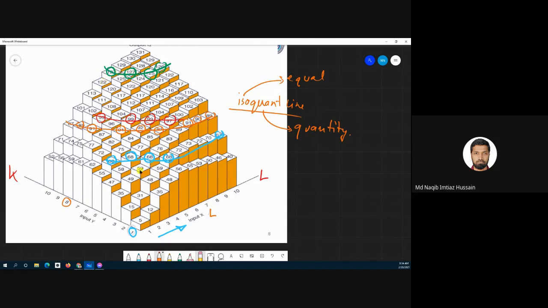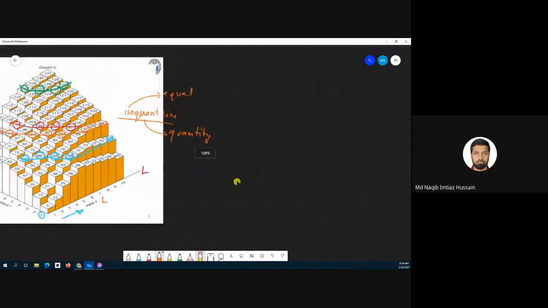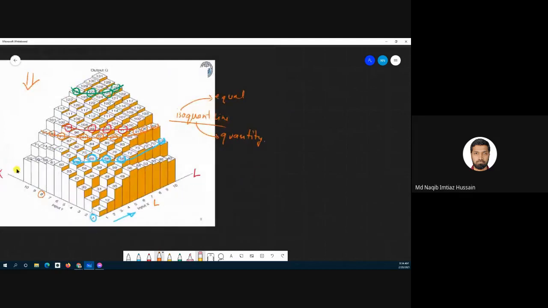Now, if you look from the very top to the bottom, what will you see? You'll get to see these lines one after another, and if you project these lines on this LK plane, what will it look like? Projecting means you look upward and cast their shadows on the LK plane.